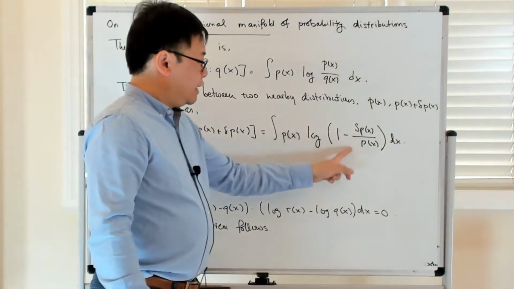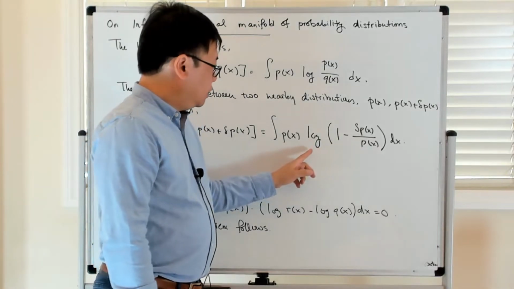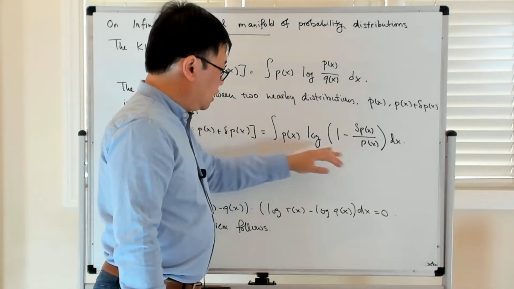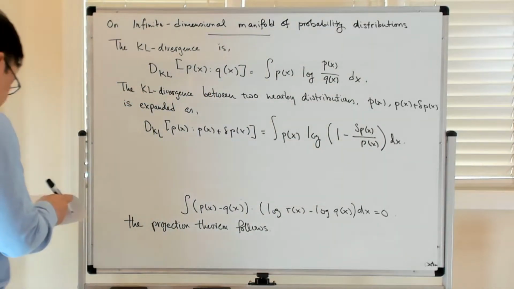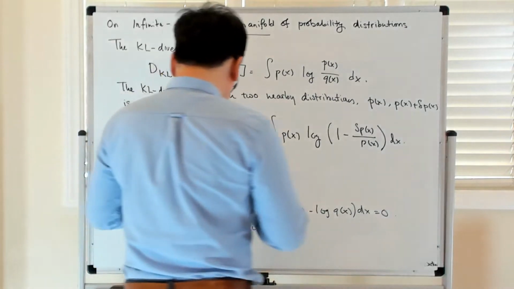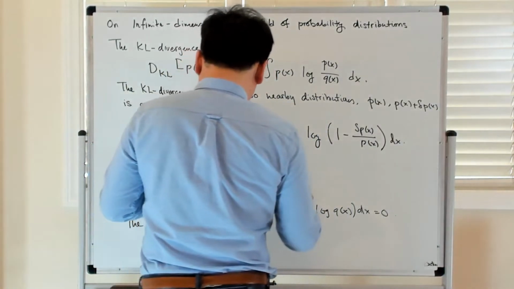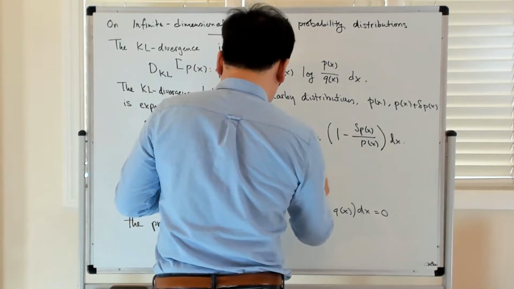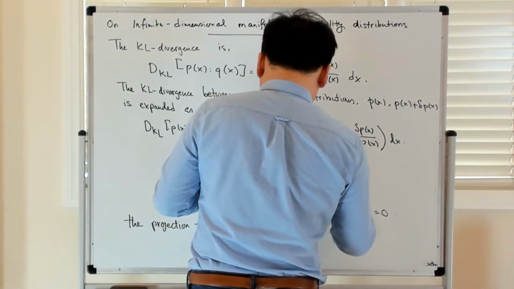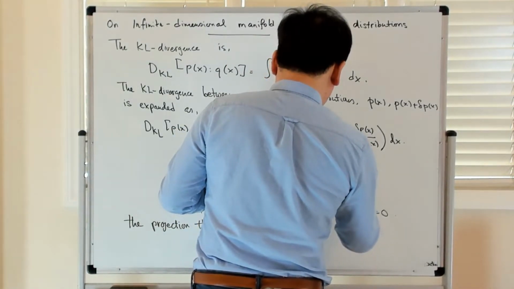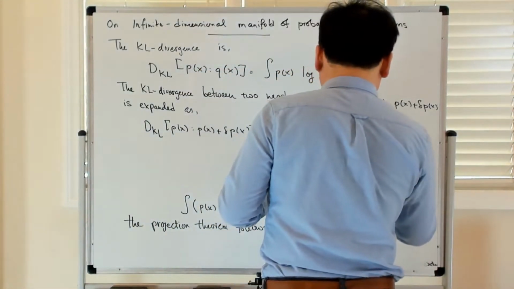And of course, the reason why it's written this way is because there's a Taylor expansion for the log of 1 minus x, so we're going to use that. So this is approximately equal to 1/2 the integral of delta p of x squared divided by p of x dx.